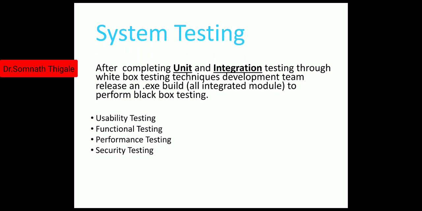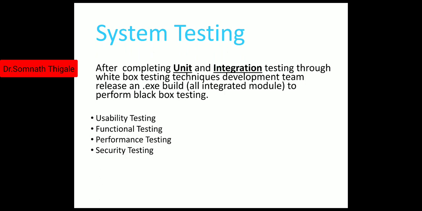Suppose 10 users at a time access a website and your website is working fine, but imagine the number increases to more than 100 and your system starts performing slowly. That type of testing we call performance testing. Second is security testing. Security testing means whether your system is vulnerable to attacks or not, and how your system is secured against various attacks.